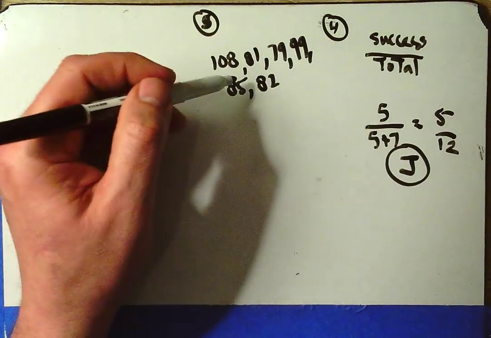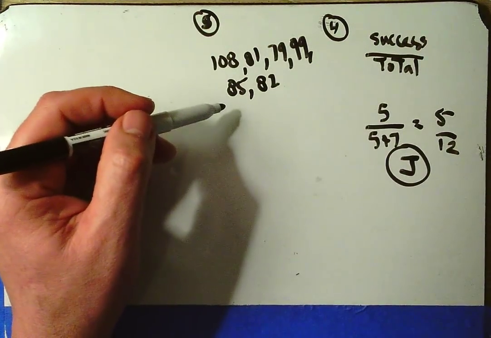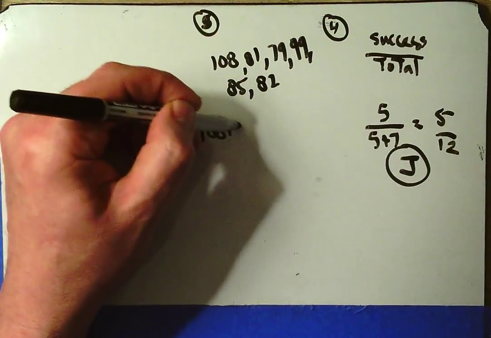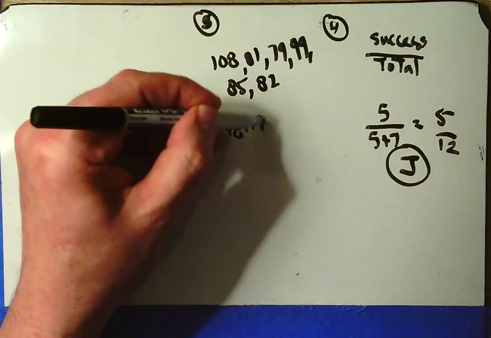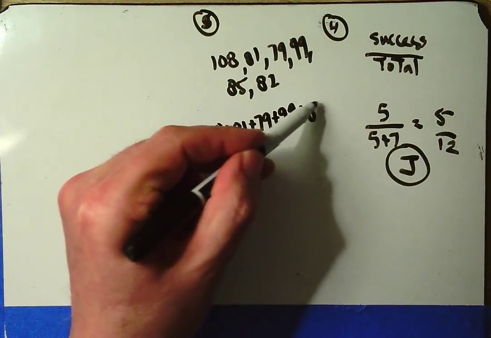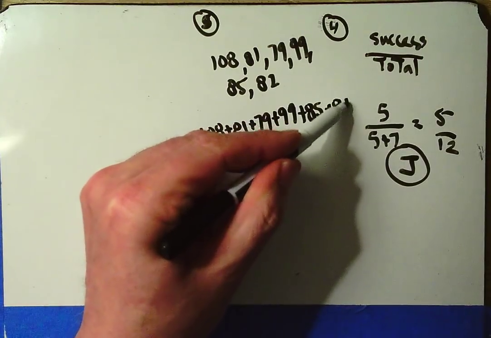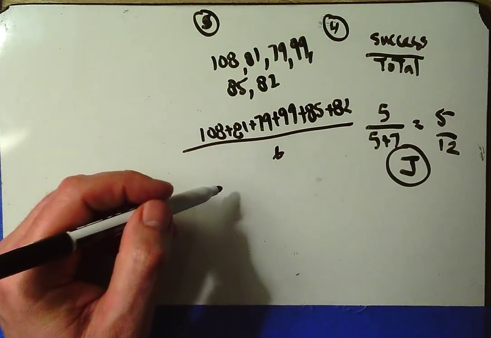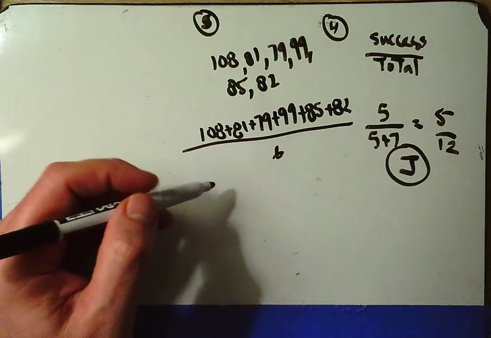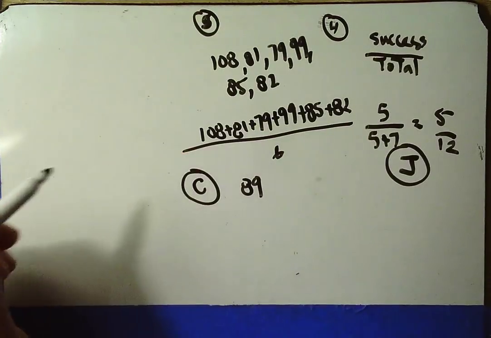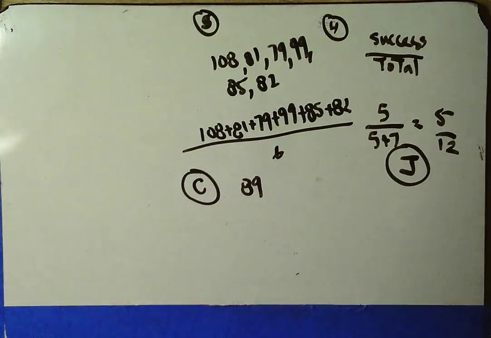Well, remember, average is adding these numbers together and dividing by how many numbers we've got. 108 plus 81 plus 79 plus 99 plus 85 plus 82, all divided by 6. And when I do that with my calculator, I get C. The average is 89.